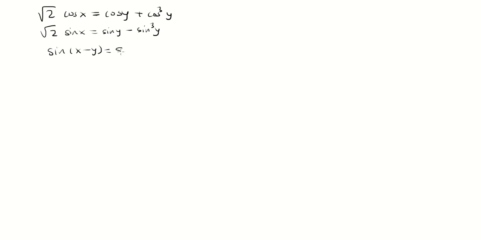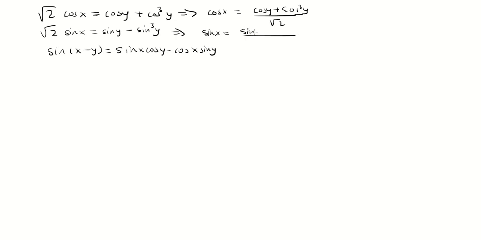This formula is sine x cosine y minus cosine x sine y. From the first equation, cosine x is cosine y plus cosine cubed over square root of 2. And for the second one, sine x equals sine y minus sine cubed over square root of 2.